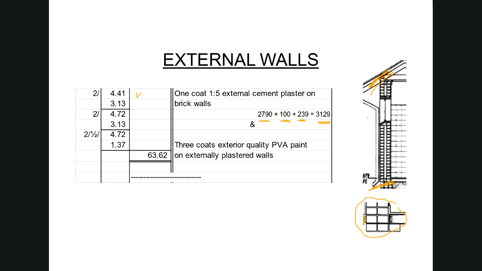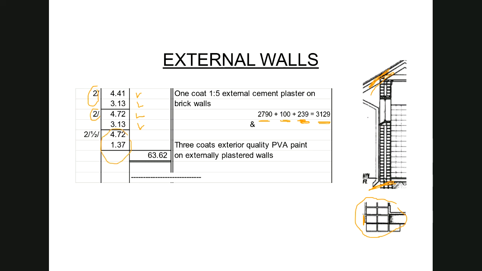The 3129 converts to 3.13 in 2 dimensions, and then times 2 for the 2 walls. Same in the other direction, I have the 4.72 times 2 times the height that I have just calculated. And now, because I have added the beam filling height over there, I don't need to lift the gable over here. I'm merely measuring the 2 triangles that I have over there.